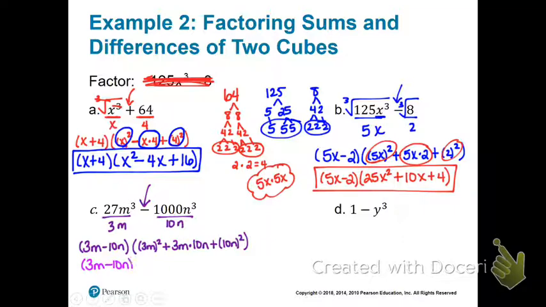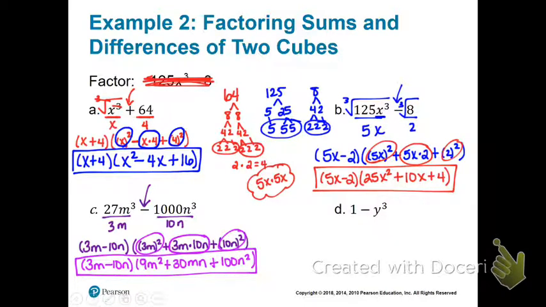So I'm going to bring down the first. 3m squared, that's 3m times 3m, which is 9m squared, plus 3m times 10n, multiply your numbers, 3 times 10 is 30, and you can't do anything with m and n, so just bring it down, plus 10n squared, 10n times 10n is 100n squared. Make sure there's no greatest common factor. We can't do anything with the 2 terms because we haven't learned 3 terms yet. And so there's our solution.